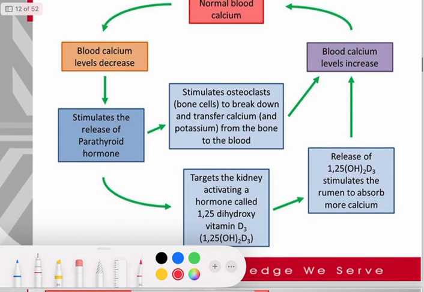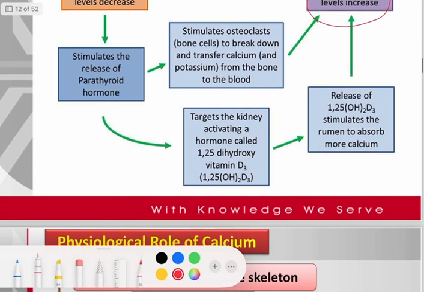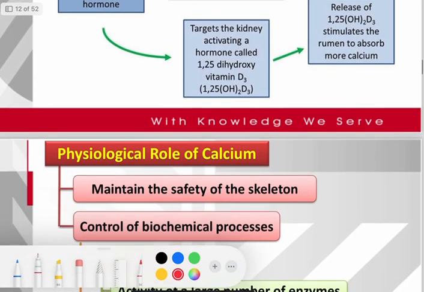Parathyroid hormone also targets the kidney, which will cause activation of 1,25-dihydroxy vitamin D3, which is released from the kidney, and it will absorb more calcium from the intestine, and this will lead to an increase in blood calcium. So this is how calcium in blood is regulated and homeostasis occurs.